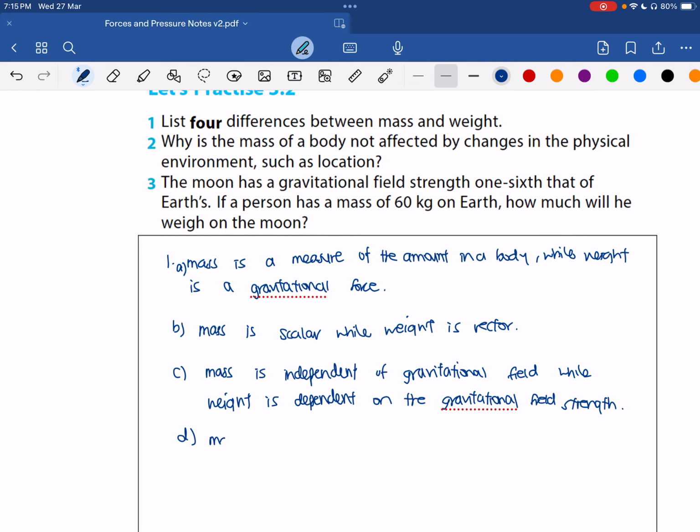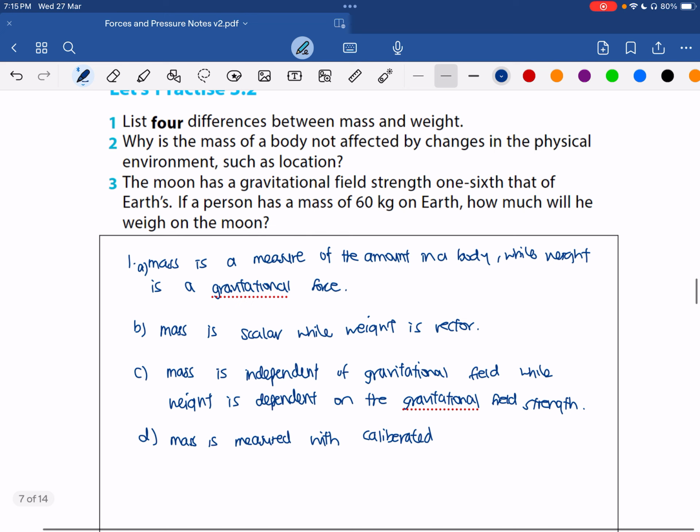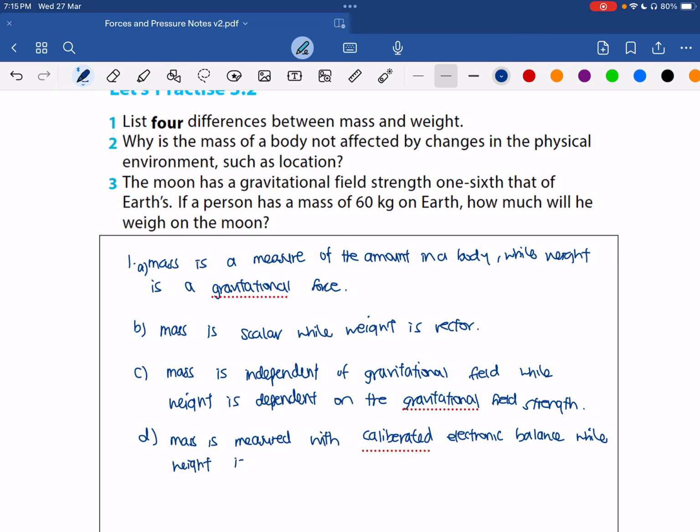Difference: mass is measured with a calibrated balance, while weight is measured with a spring balance. So these are the four differences.